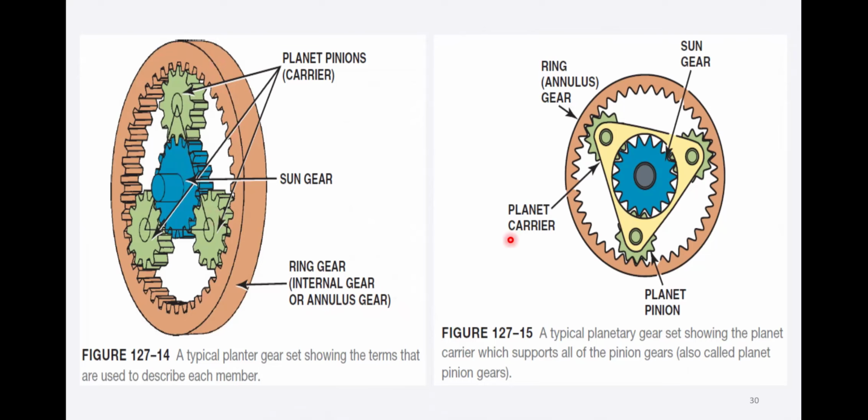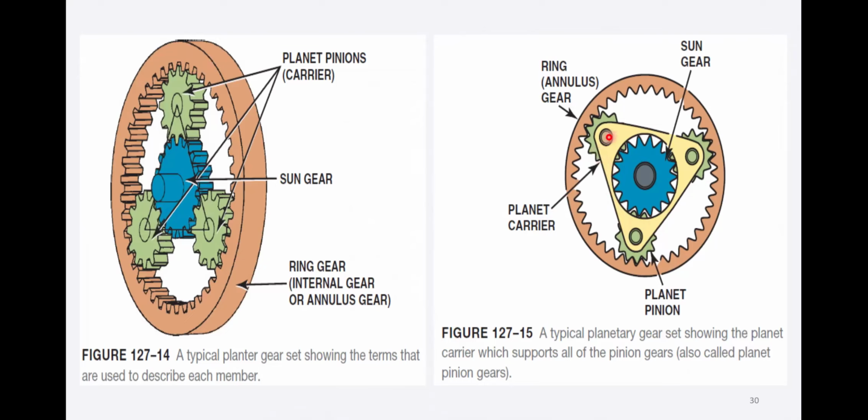Now here, this is a little bit different: a typical planetary gear set showing a planet carrier. Now we have these three planet pinions here, or pinion gears or planet gears. When we join all three pinion gears with the help of this arrangement, we call this arrangement the planet carrier. And these gears are known as planet pinions or pinion gears.